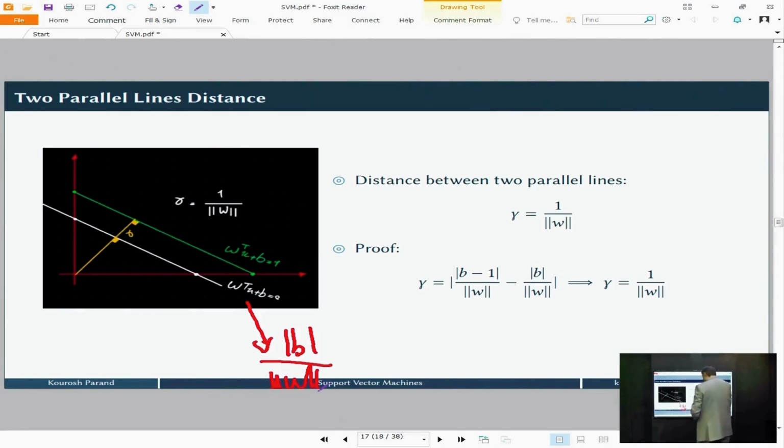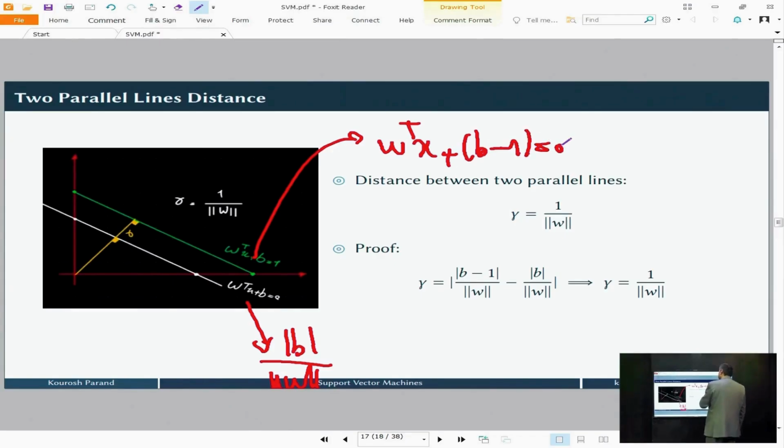Here, I also said we move b to the other side, so it becomes W transpose x plus b minus 1 equals 0. So what's the value of this? It's the absolute value of b minus 1 over the norm of W. And on this side, it was the absolute value of b over the norm of W.